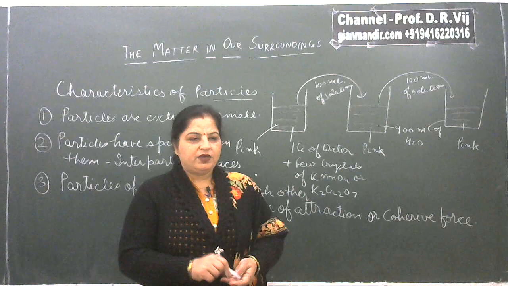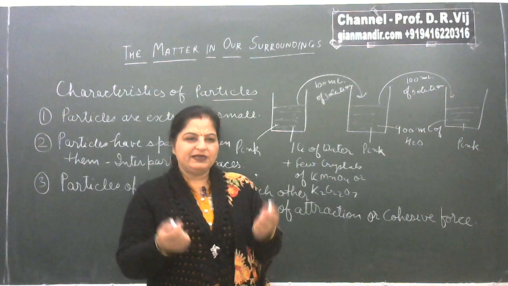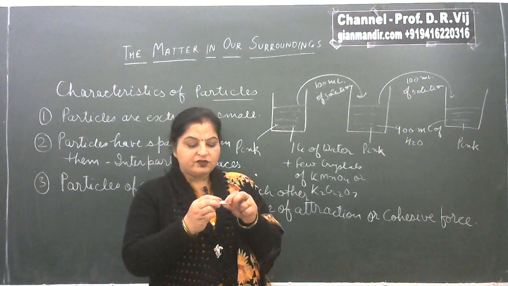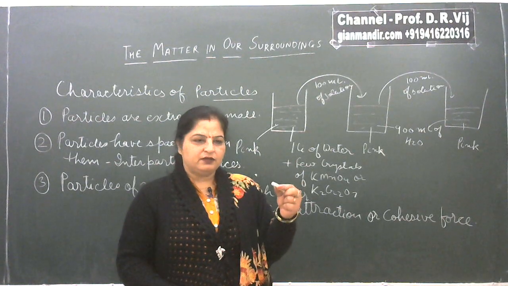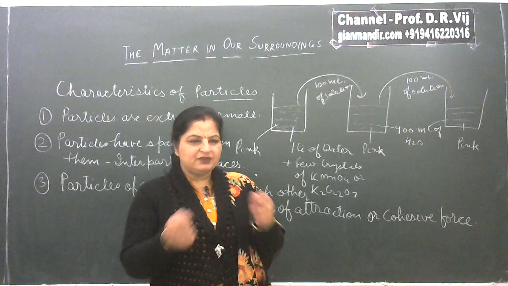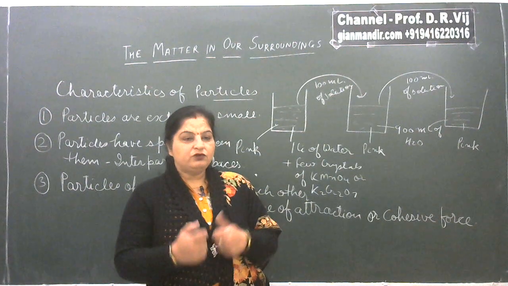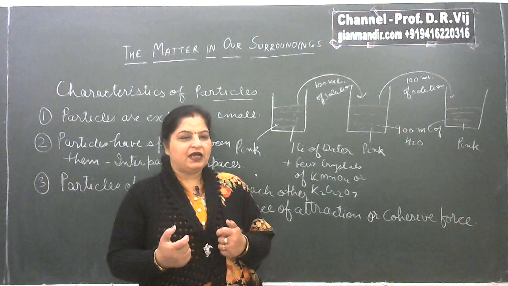Like if we have a piece of chalk and I break it, it is easily broken down. Why? Because the force of attraction between these chalk particles is very weak. Instead of chalk, if you take a wooden stick or a plastic stick and try to break it, you will have to work a little harder.